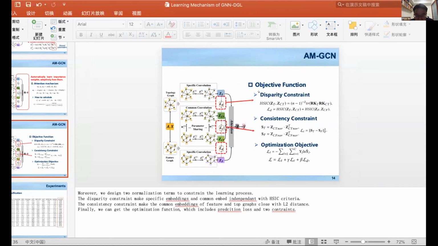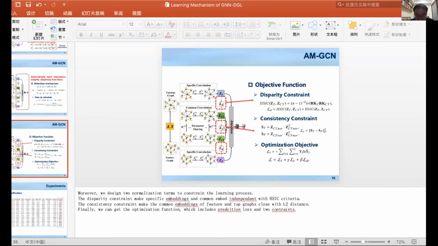The disparity constraint makes the specific embedding and the common embedding as different as possible.